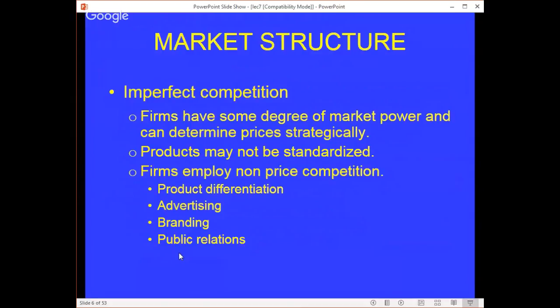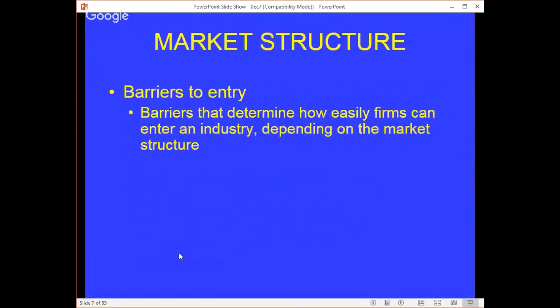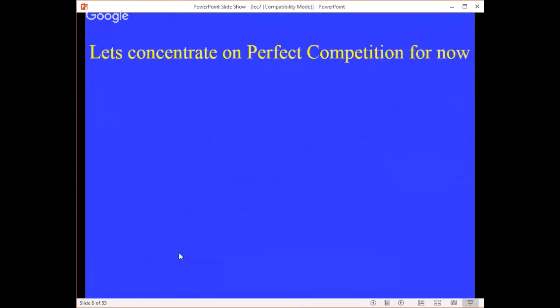We're going to study different types of price discrimination, where I can charge different prices to different customers depending on the demand for my product, and that way I'll maximize profit. And then after that, we'll get into monopolistic competition and oligopoly. But for today, we're going to talk about perfect competition.